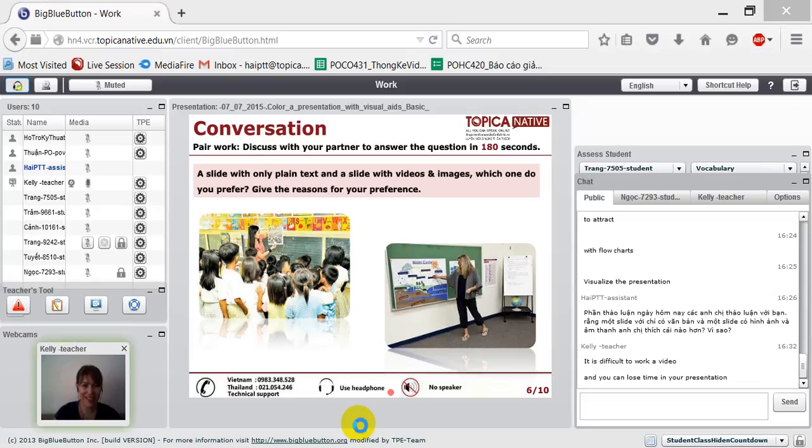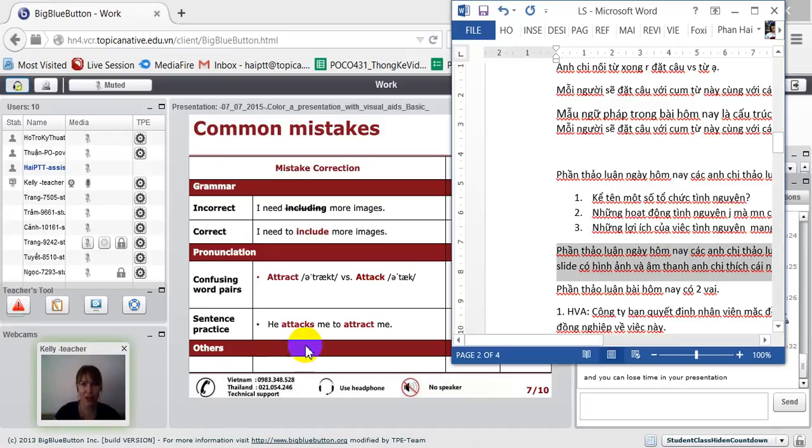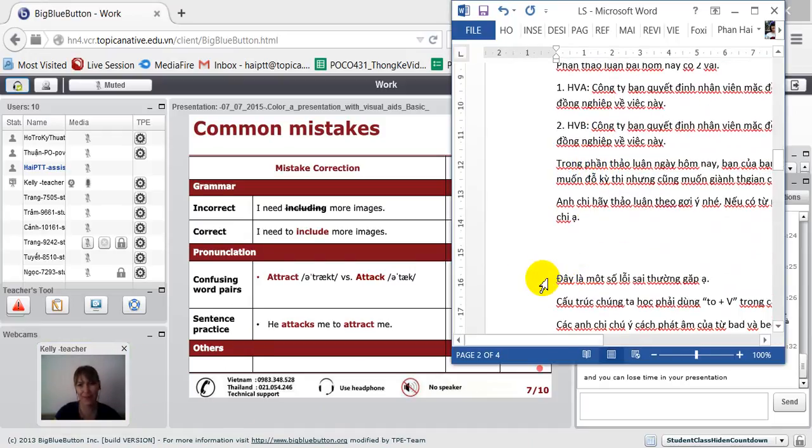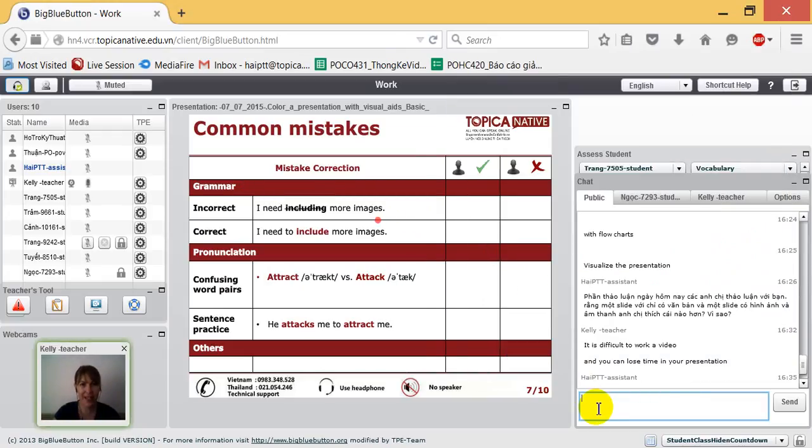All right, next we're going to look at some common mistakes. On the first line, we have an incorrect sentence. It reads, I need including more images. I need including more images.